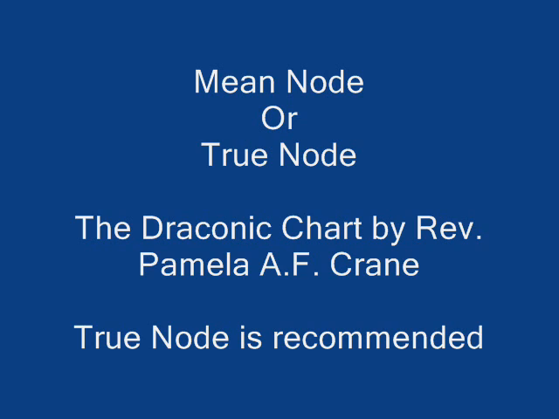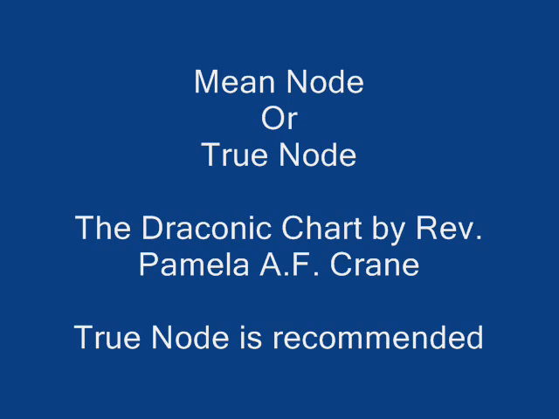There is such a slight difference between the mean node and the true node that it might make little difference, but you'll see when you create a Draconic chart for someone, if the moon, for example, were at the final degrees or the beginning degrees of a sign, it could make a difference.